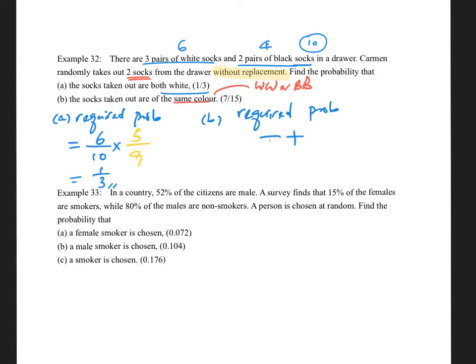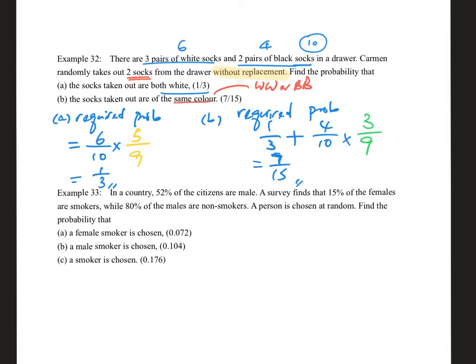For the first one, it's fine already, so the result of white white. Now you're going to find the black black. First of all, it's 4 black socks out of 10, whereas for the second chance there are 9 left with 3 of them black. So by calculator, you get 7/15. So that's another situation of dependent events.